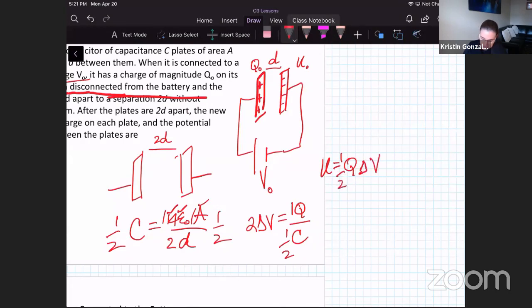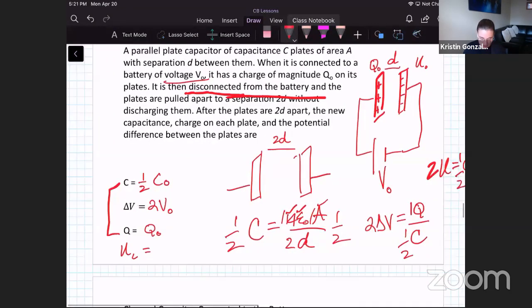So if Q stays the same and delta V is now twice as much, well, that means we can store twice the original amount of energy that the capacitor stored when it was just d apart. So if you're removing it from that voltage source, then you're having the same amount of charge. It's kind of the immediate thing I want you to be thinking about.